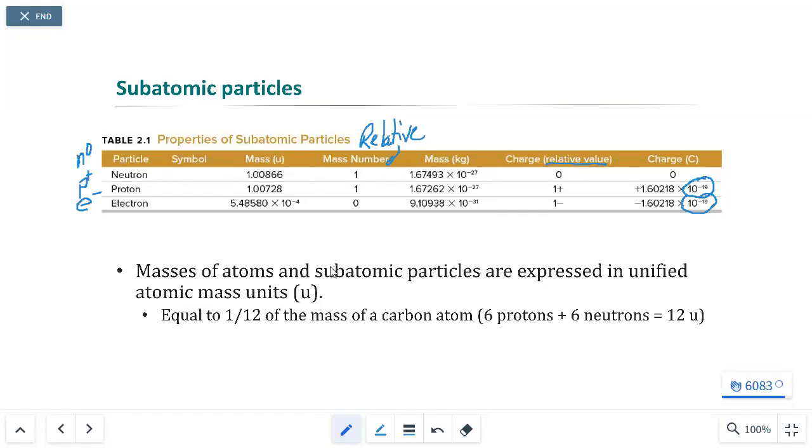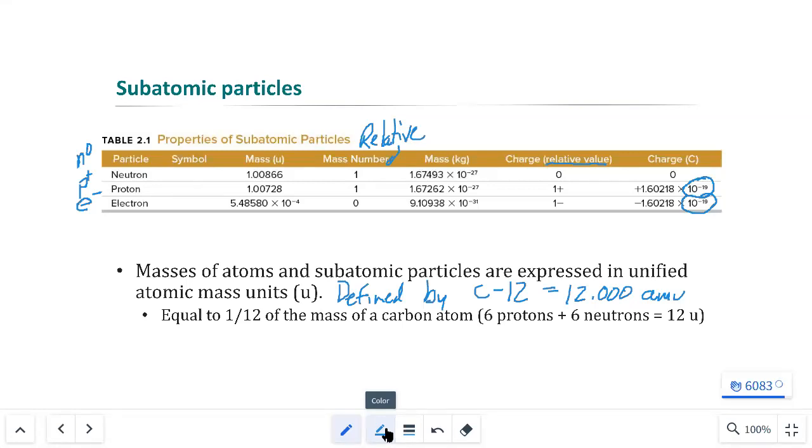Now, again, these masses here come in terms of atomic mass units. Atomic mass units are a defined value based upon the mass of carbon-12. Carbon-12, which has 6 protons and 6 neutrons, has been systematically defined as having a mass of exactly 12 AMUs.